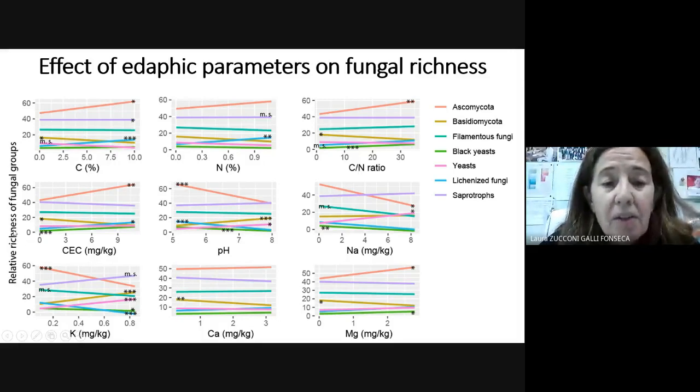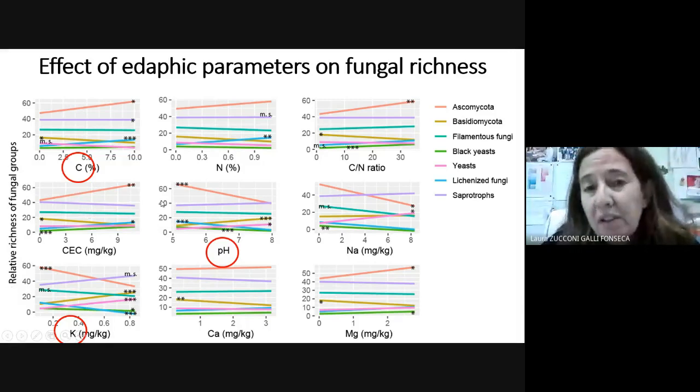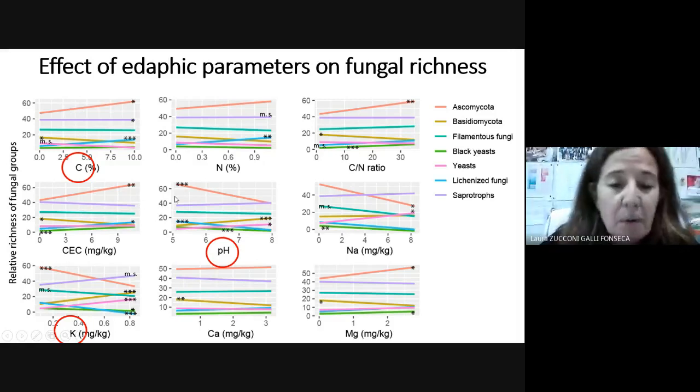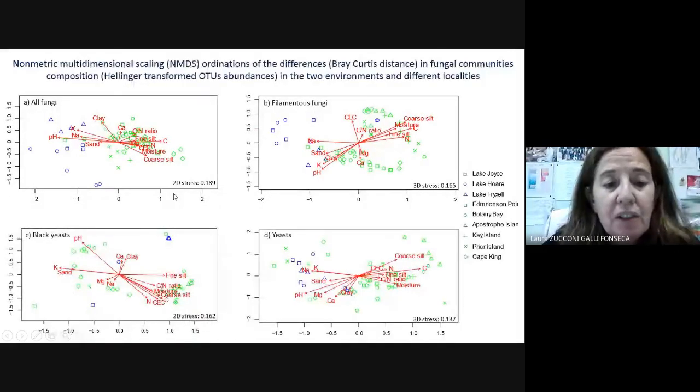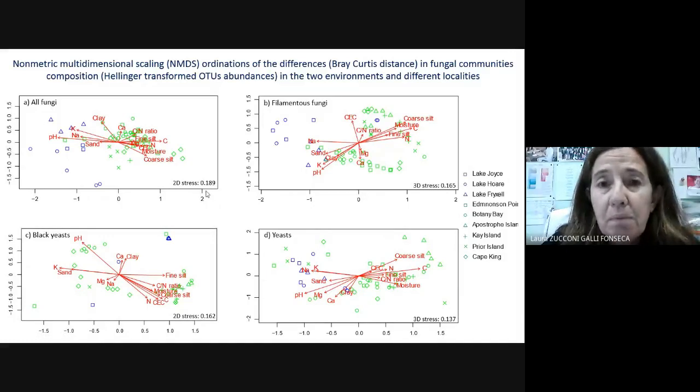And among these, the most relevant are pH, potassium, and carbon content, with different effects, positively or negatively, among the categories analyzed.